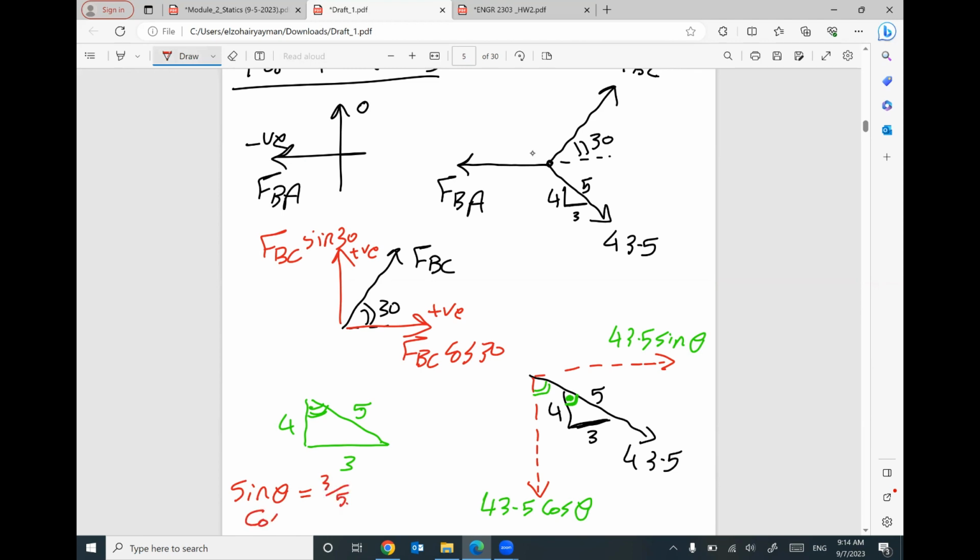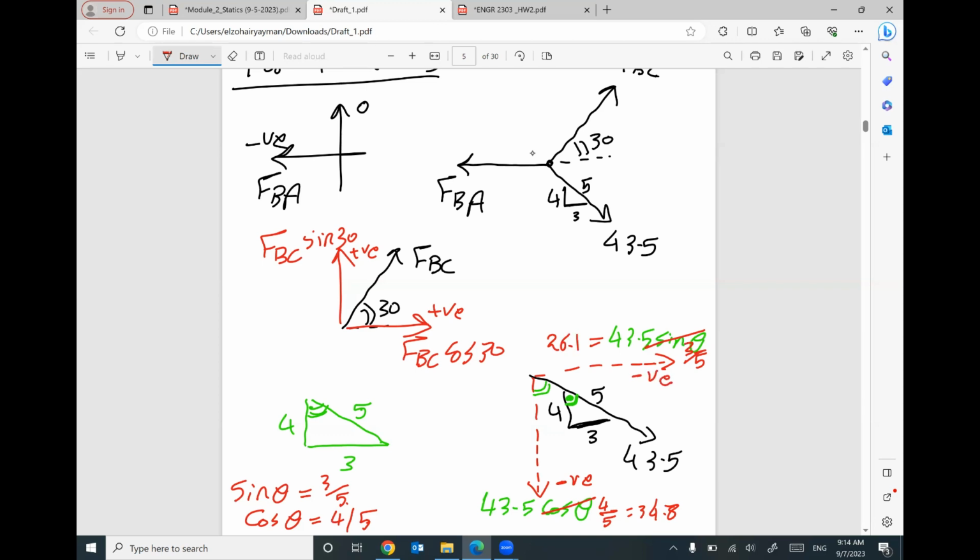The value of cosine theta adjacent, 4/5. So I can remove this term and put 4/5. So the value will be 43.5 times 4/5 equal 34.8 in negative direction. I will remove sine theta and put 3/5. This term will be 43.5 times 3/5 equal 26.1 in the negative direction.